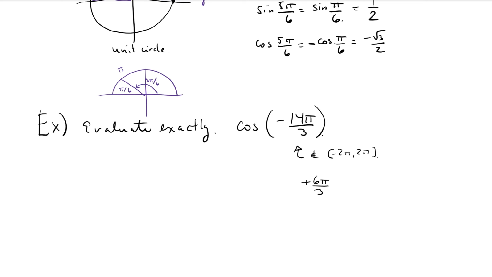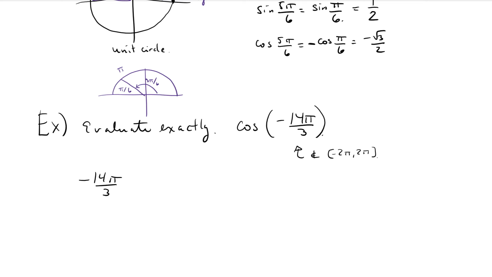If we add 6 pi over 3, we're going to fall back to where we were, because 6 pi over 3 is 2 pi, right? So by adding 2 pi, we get a coterminal angle, and eventually we're going to get one in the required interval, minus 2 pi, 2 pi.